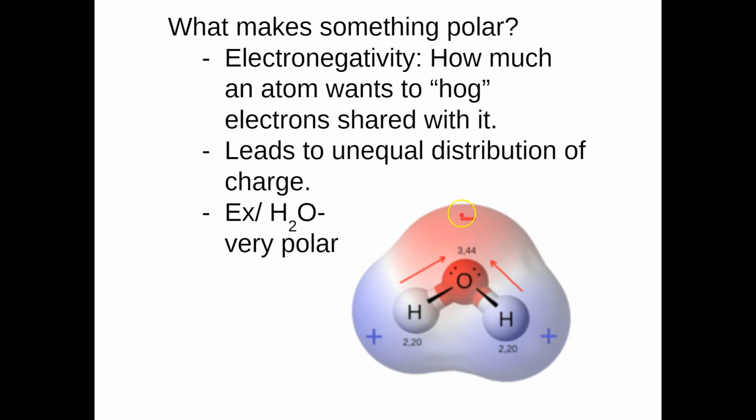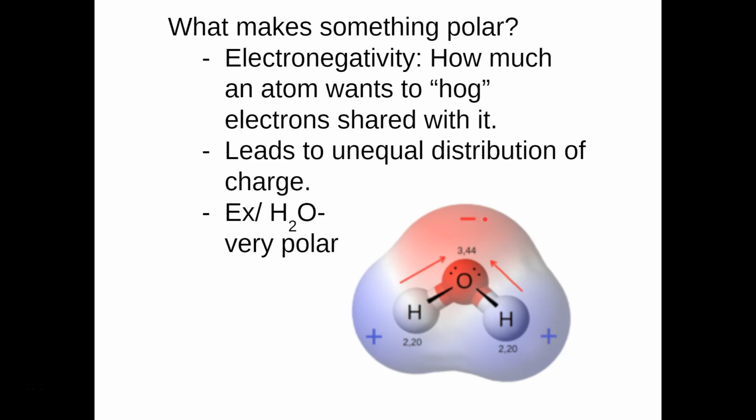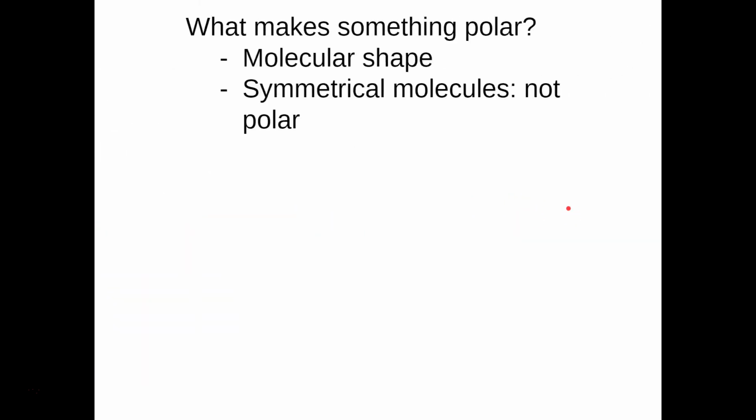And it's going to give it negative polarity near the oxygen and positive polarity near the hydrogens. So water winds up being a quite polar molecule because oxygen is hogging all of those electrons.